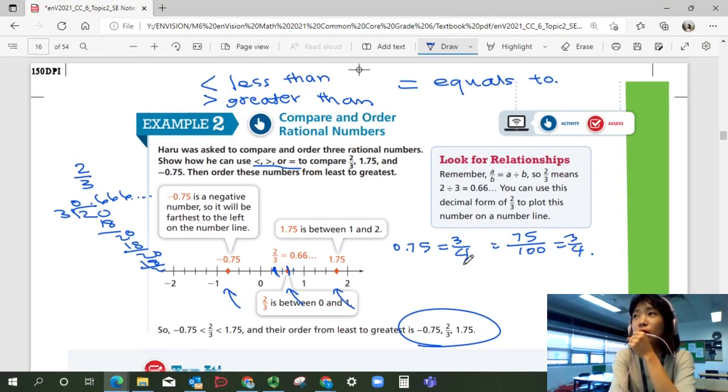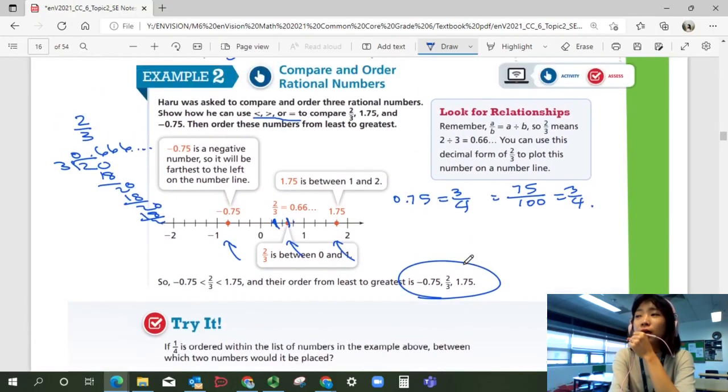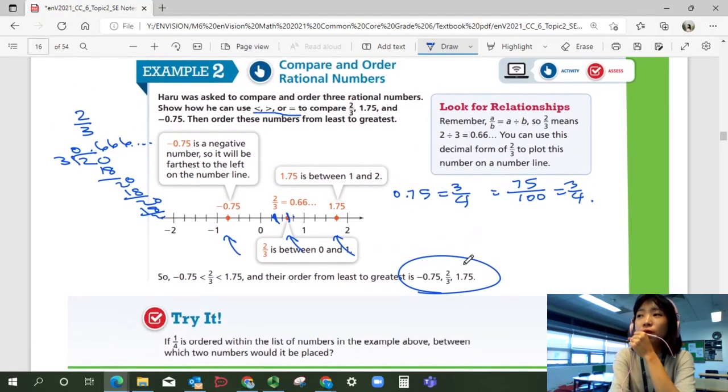Okay? Now it's your turn. Try number 2. If 1/4 is ordered within the list of numbers in the example above, between which two numbers would it be placed? Between which two integers would it be placed?